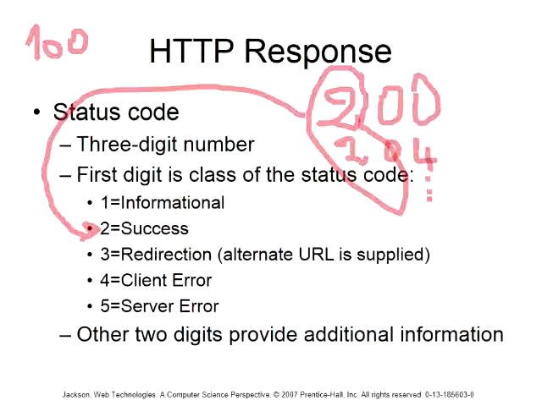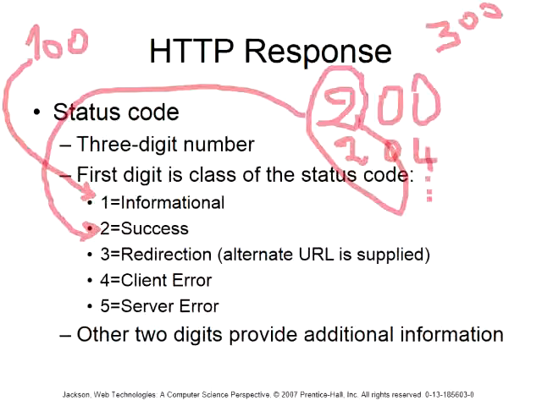If the first digit is 1, that means informational. If 300, that means redirection. 400, like 404, is not found. So that means client error.